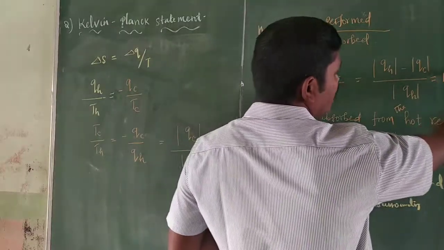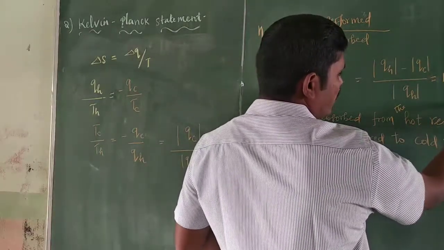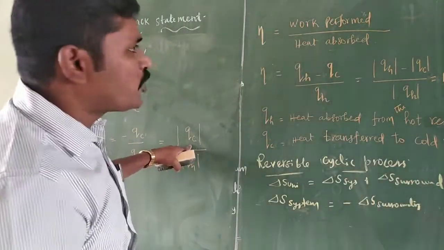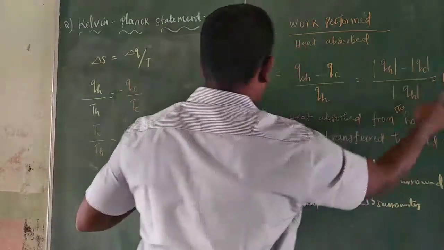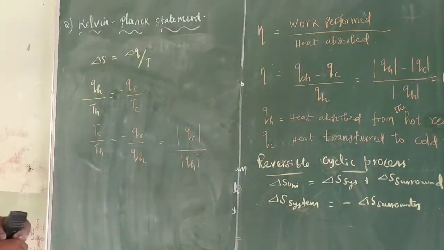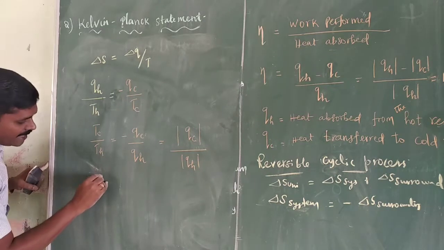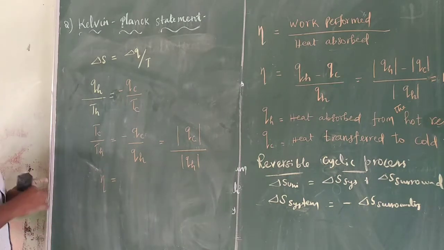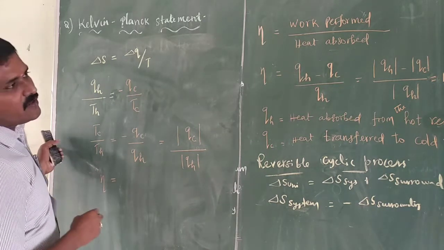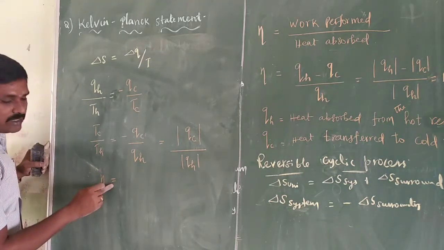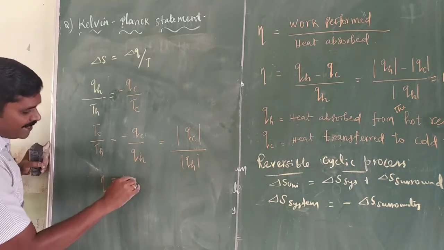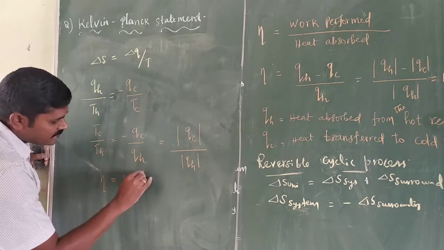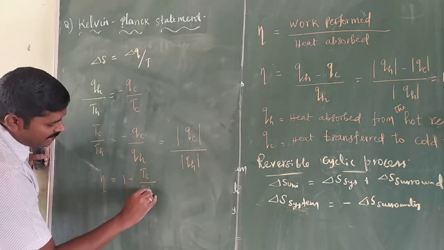So 1 minus modulus of QC by modulus of QH. The value of modulus of QC by QH is equal to TC by TH. Therefore, the efficiency eta is equal to 1 minus TC by TH.